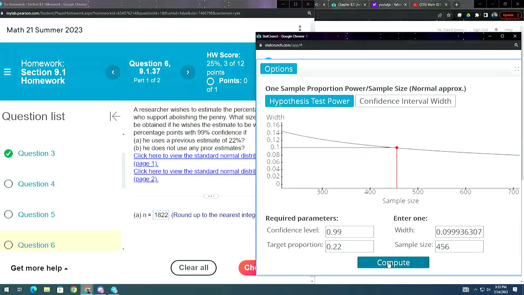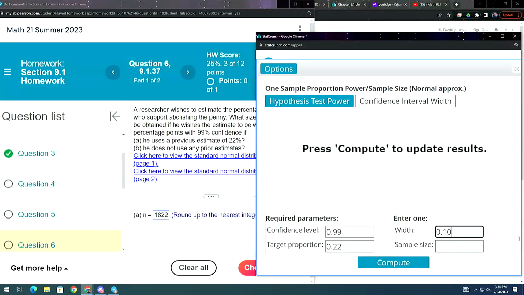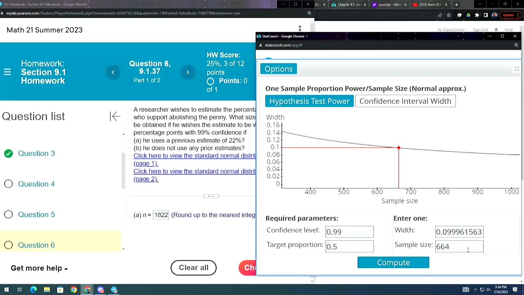So it says sample size is 456. Before I enter that one, I'm gonna change this over and do the other one. I'm gonna reset this to 10%, and change the target proportion to 0.5. And it gives me 664. Those are the two answers it's looking for.